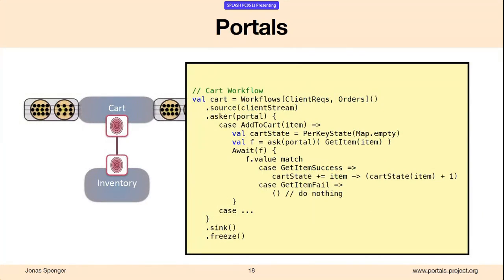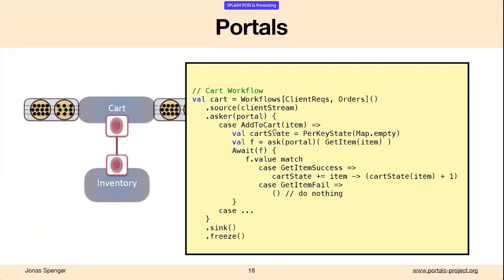Yeah, a nice example showing how we can use it is in the shopping cart. So here we have again an asker task, an asking task that binds to a portal, and then it matches on the client's request here.